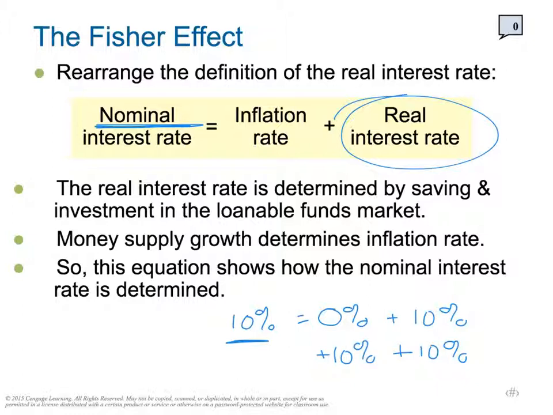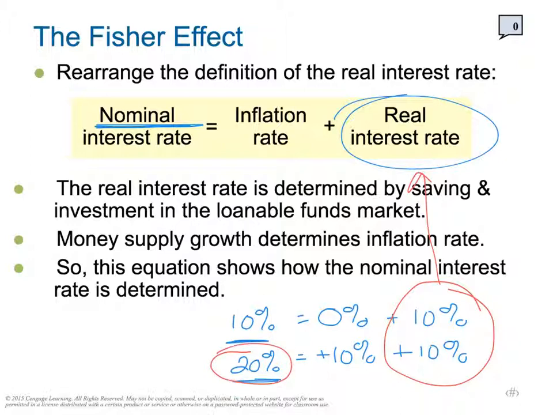What happens then is we're now taxed on the 20%, but we really haven't earned any more because the real rate of interest is still that 10%. So what happens is we're taxed at a higher rate, and our after-tax real interest rate is lower when inflation is higher, and that's the Fisher effect.